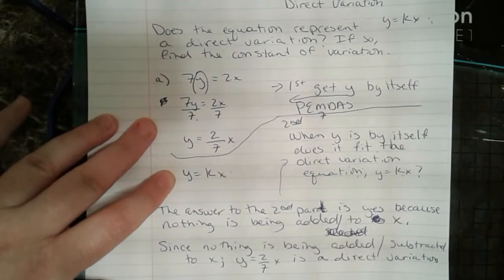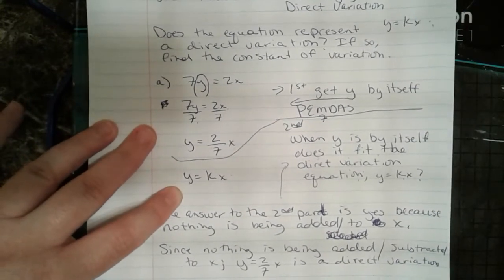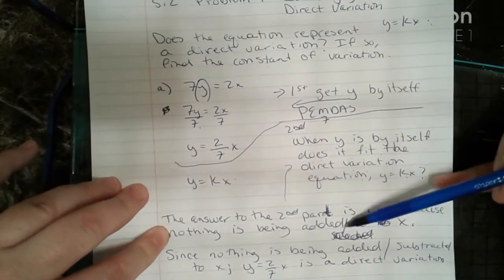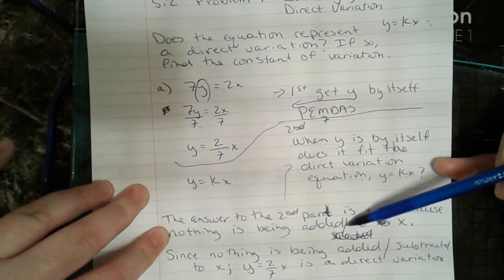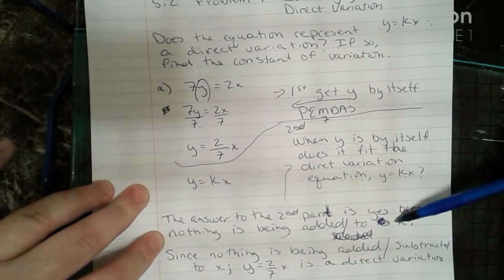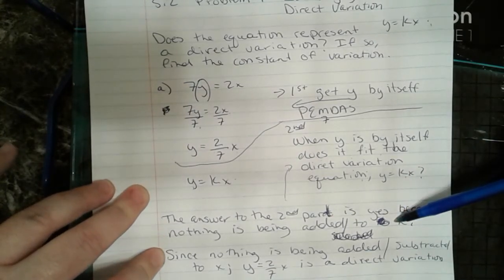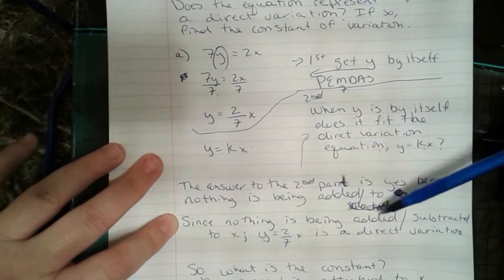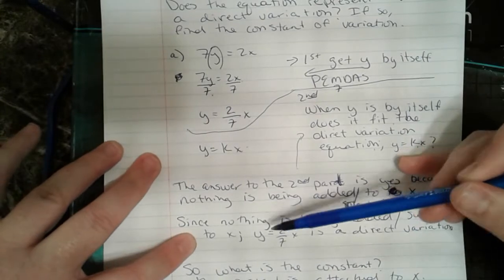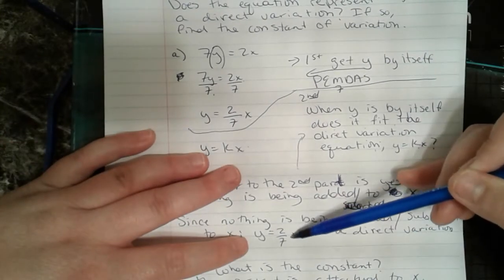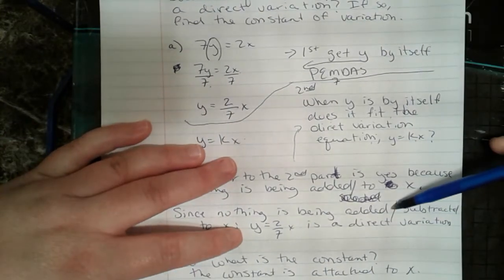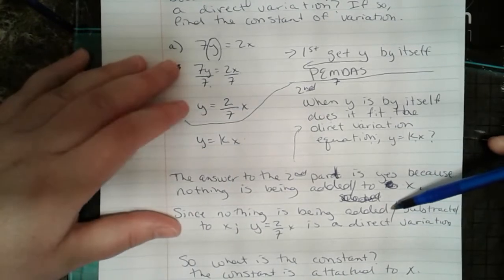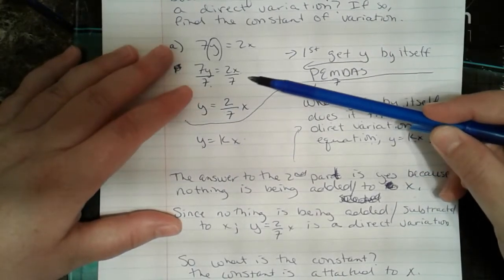The answer to part 2 is yes, because nothing is being added or subtracted to x. Since nothing is being added or subtracted to x, y equals 2 over 7x is a direct variation.